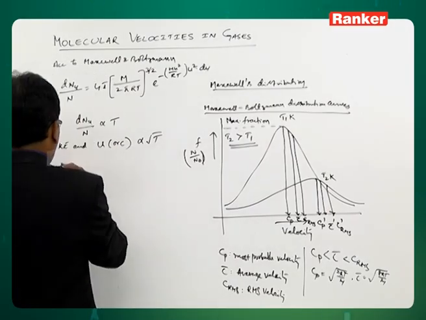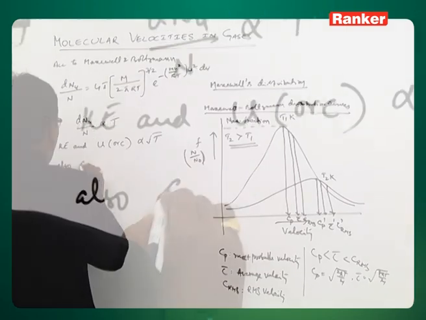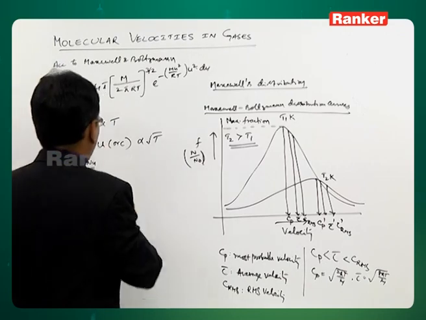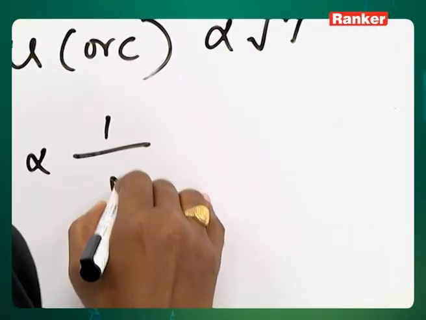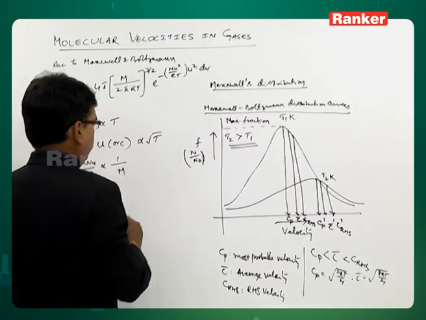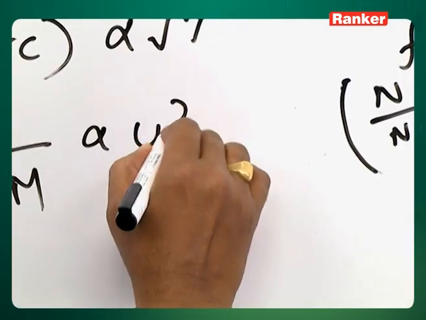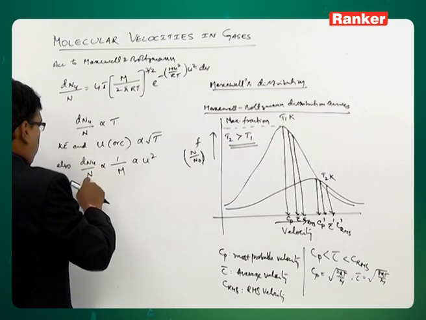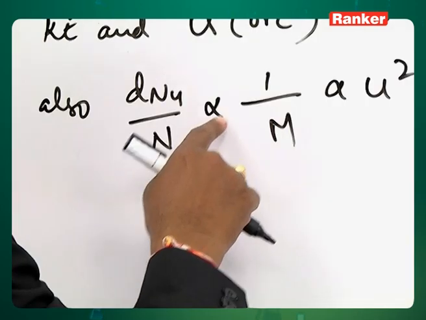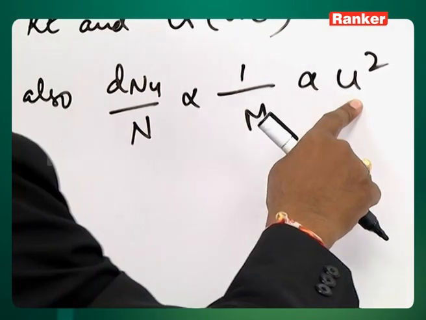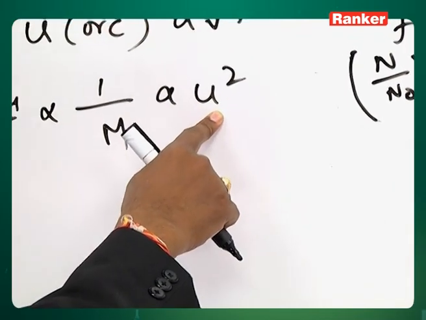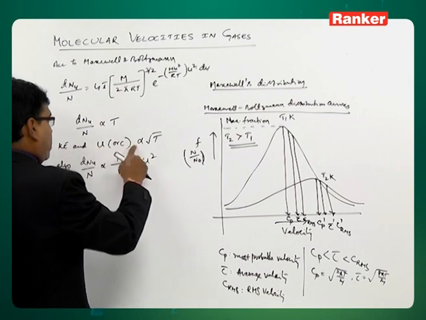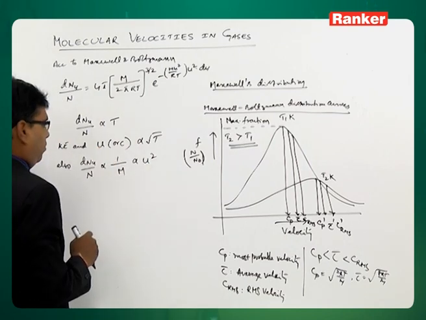And dn_u by n is inversely proportional to m and directly proportional to u square, that is the square of velocity, and u in turn is proportional to the square root of T.